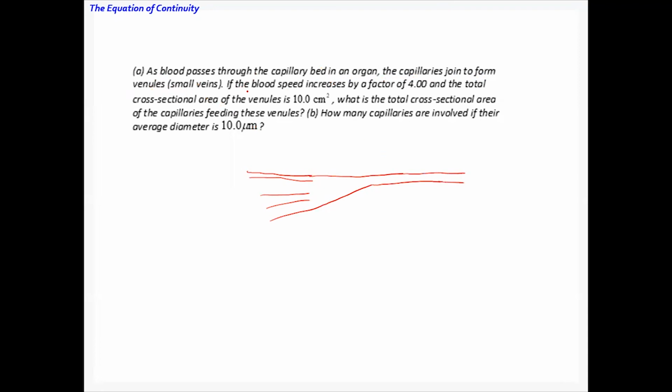If the blood speed increases by a factor of 4, and the total cross-section area of the venules is this, okay, we are given the A2. This is your A1. We don't know A1, but we know A2. What is your A2? 10 cm squared. All right.